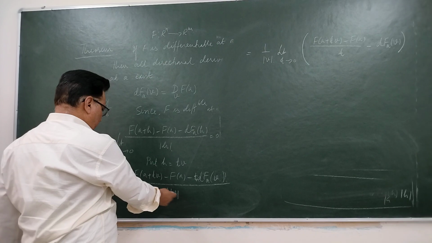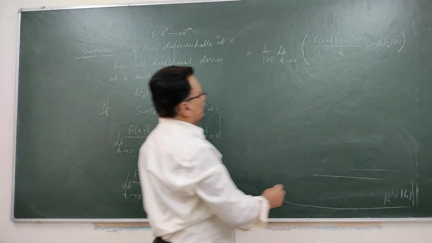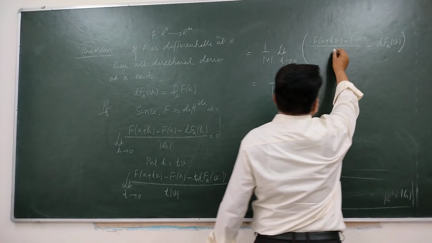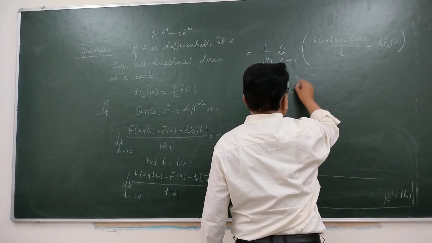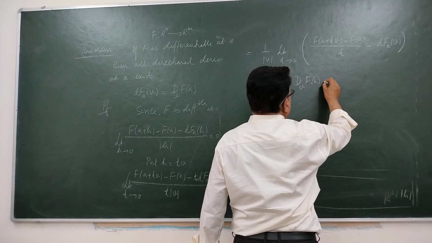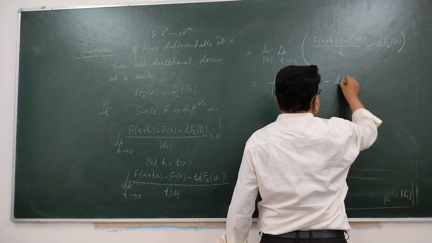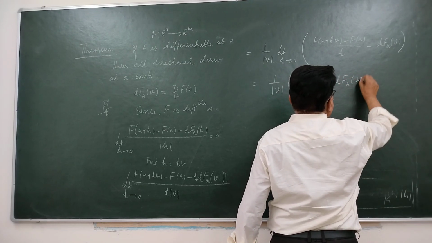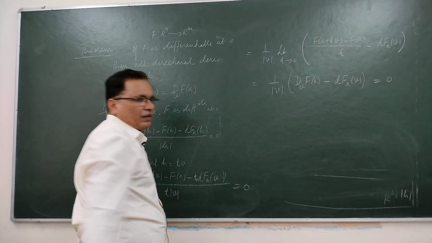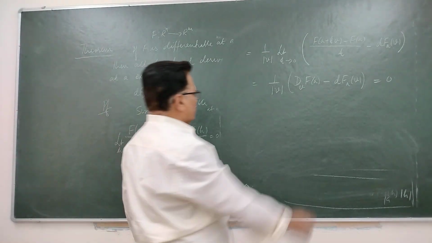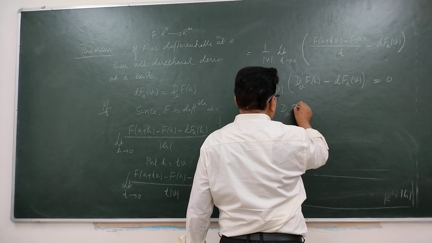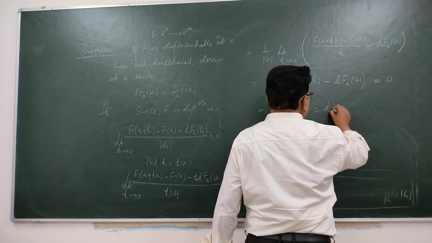Both the terms have been divided by t, 1 upon mod v is out. Now the limit of this is nothing but D_v f(a) minus this df(a)(v). This is 0. Right side is 0 all the time. Since mod v is non-zero, I can say that D_v f(a) is equal to df(a)(v).